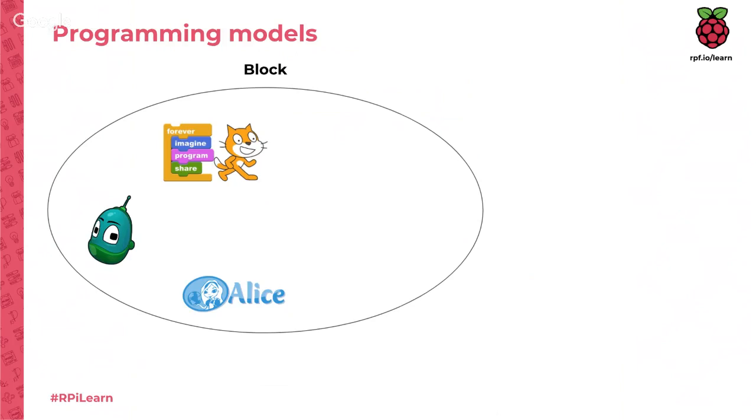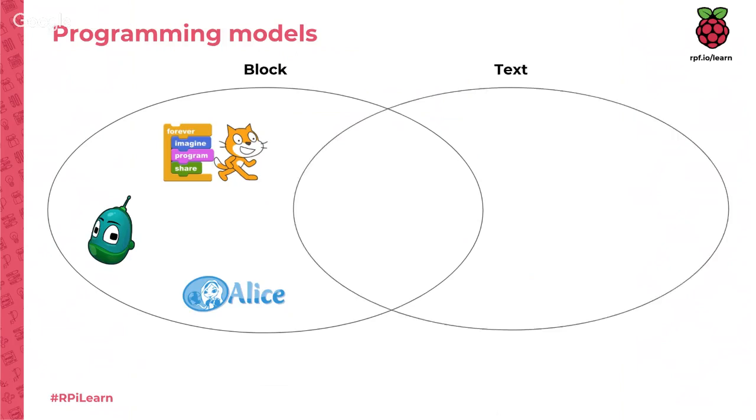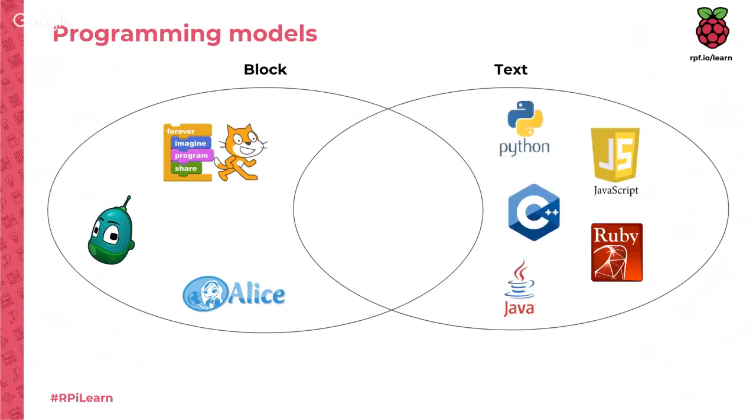Then at the opposite end of the spectrum, we've got our text-based programming languages. Again, there's a whole range of those. I've just picked 5 to illustrate the point. We have Python, which is proving very popular in education at the moment. We have Ruby, which is another popular language. C++ is a mainstay of programming, a really important language that lots of programming is done through, but it can be quite hard to get into sometimes.